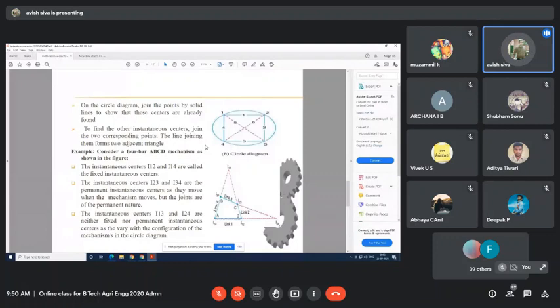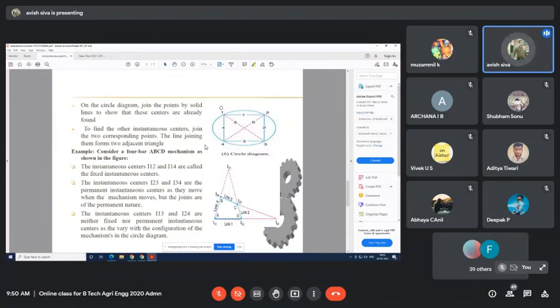So for that, you have to draw one circle diagram. No measurements are there. Just draw one circle, and inside the circle you draw one rectangle or square or anything, any dimension. And mark 1 2 3 4.